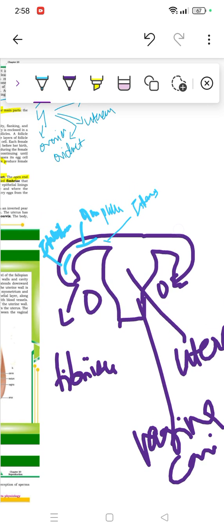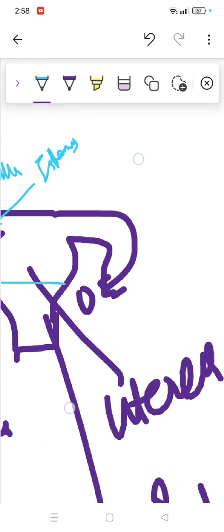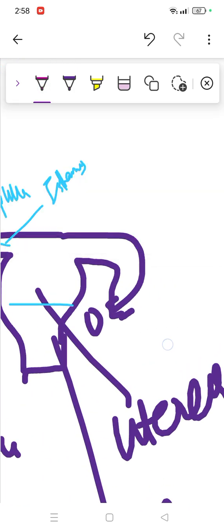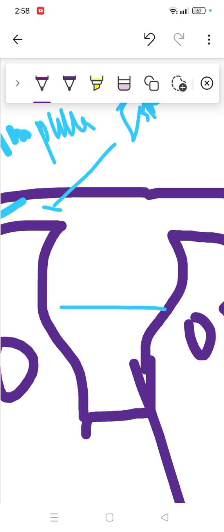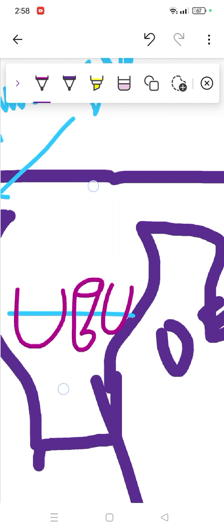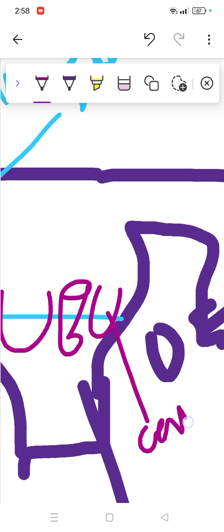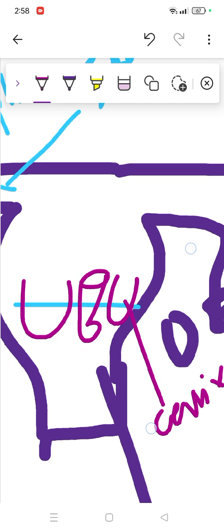You'll see another kind of structure, which I'm going to draw a little outside. Okay, I'm using this line. So what you'll see here is this kind of structure, and an opening like this. This is called the cervix, and the middle part.